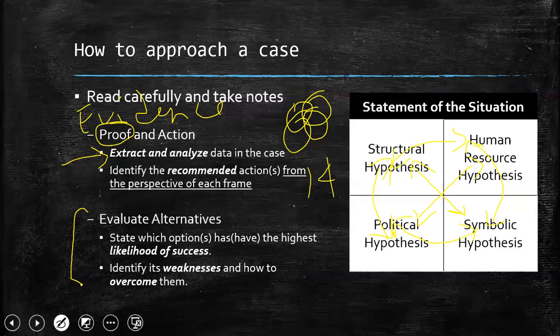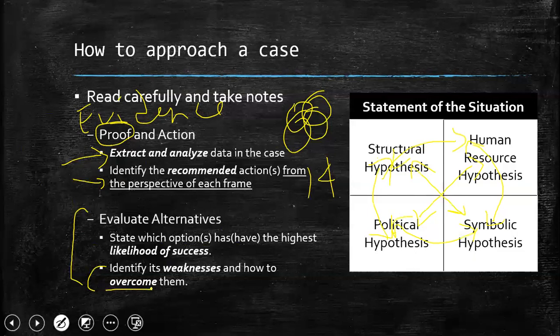In other words, addressing, resolving, deciding whatever the outcome that the case calls for. Which of your recommended action options has the highest likelihood of success? And then what are the weaknesses of those recommended actions, and how might you overcome those weaknesses?